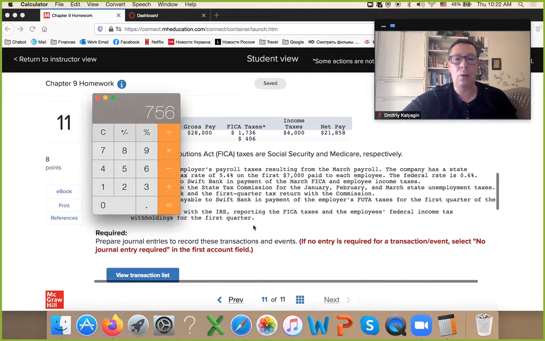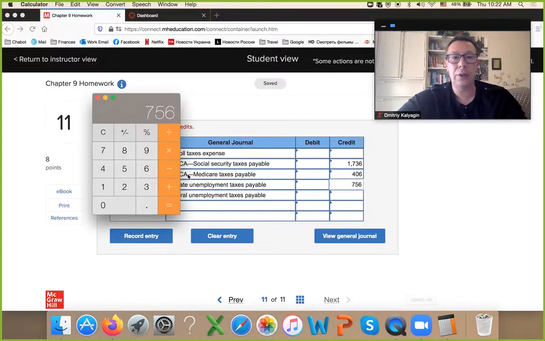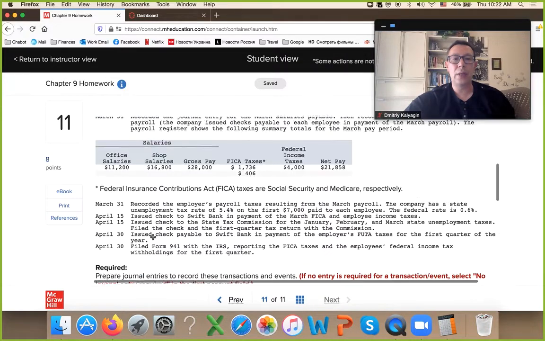This is the amount of state tax. 756 goes right here. And in the same manner, I take 14,000, 1,400 per employee multiplied by 10 employees, and I multiply it by 0.006, which is 0.6%. So $84 is FUTA payable. That's it. Add them up, all your credits, you get 2,982 debit to payroll tax expense. Record entry, move to the next entry.